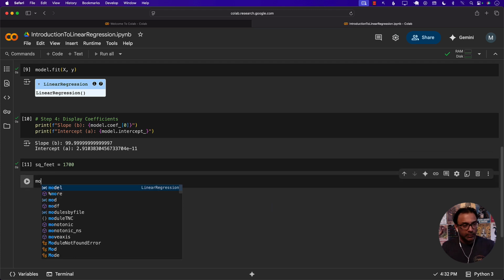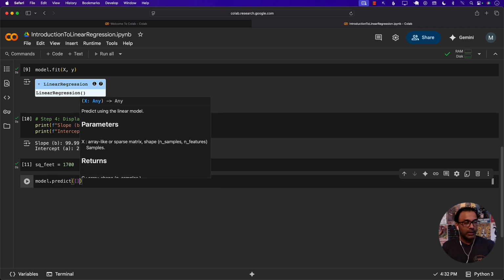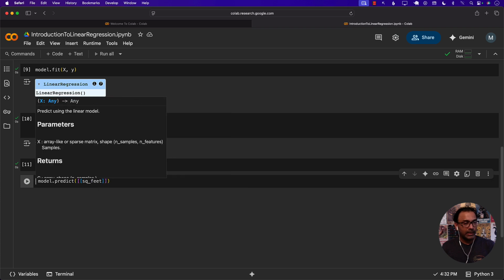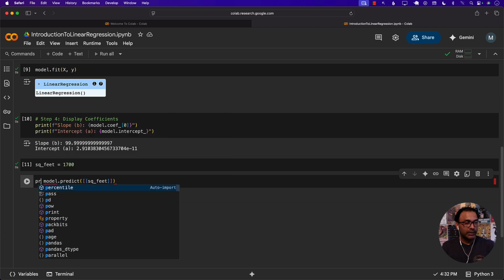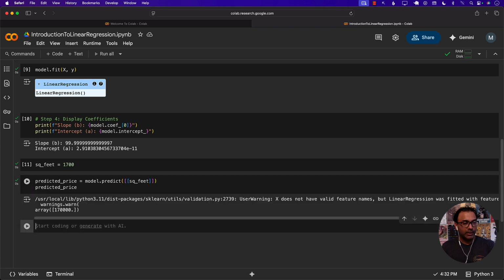If you want to predict, you will simply say model.predict, and you will pass in the square feet as a data frame. And this is going to give you the predicted price. And you can simply print out the predicted price. So see over here, the predicted price is coming out to be $170,000.